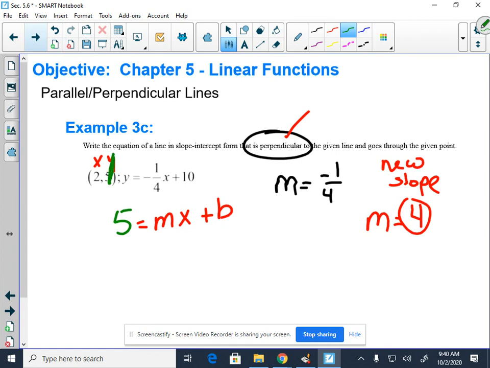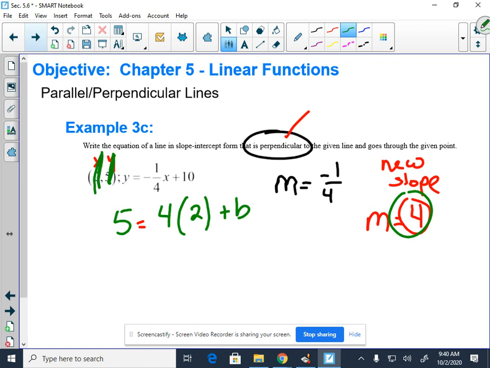Because see, that's 5 is y. Instead of m, 4, because that's over here. Times 2 plus b, and then you're going to figure it out because x is 2.